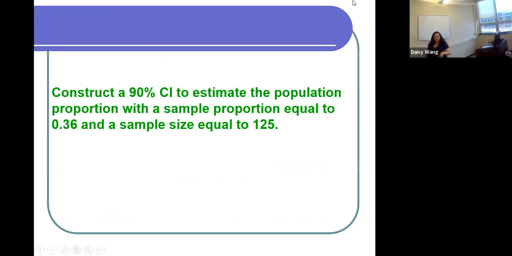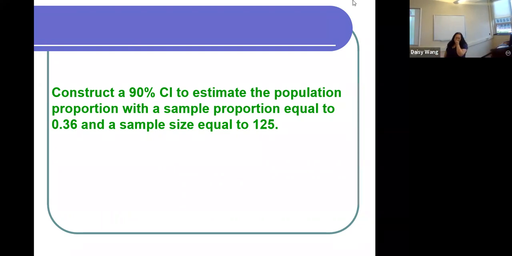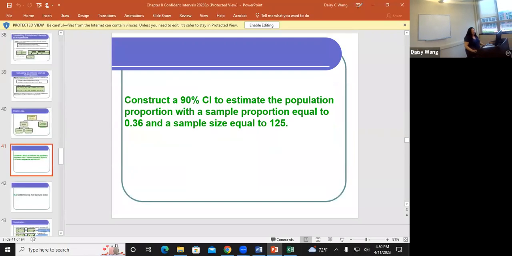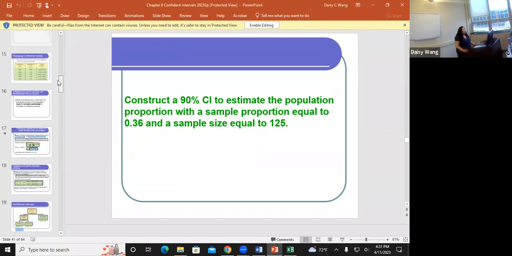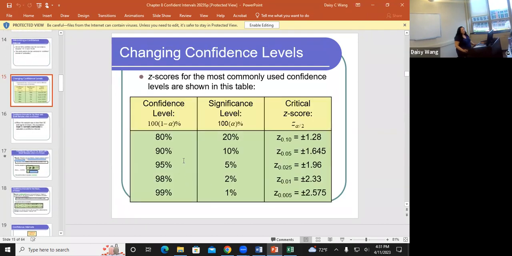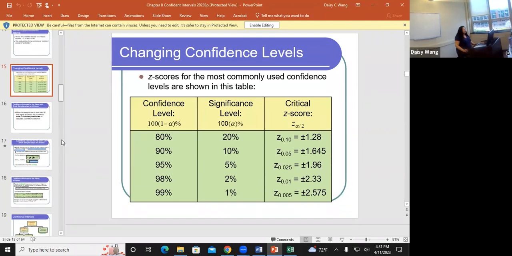What is Z for 10%? I forgot again. 1.68? Let me look it up. 10% is 1.645.